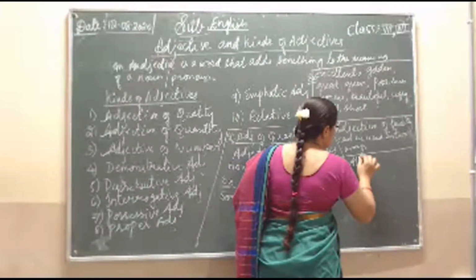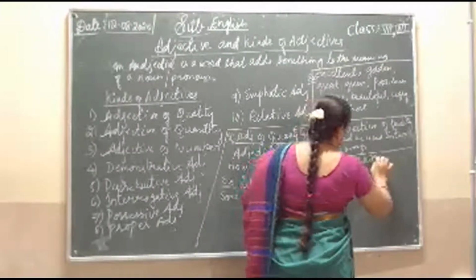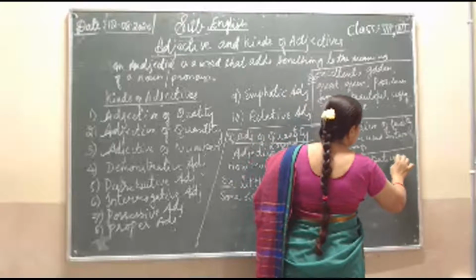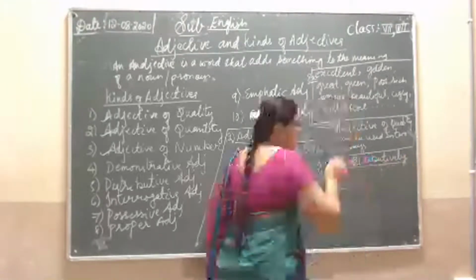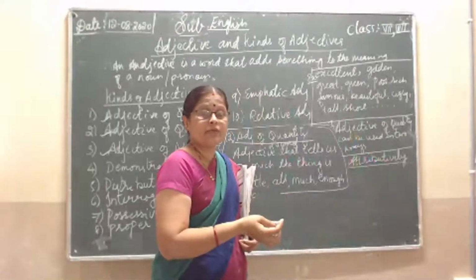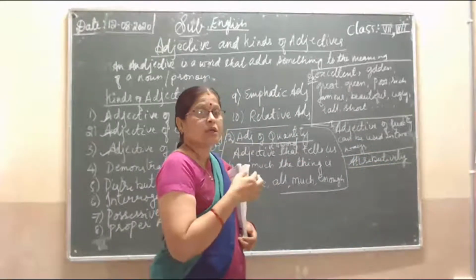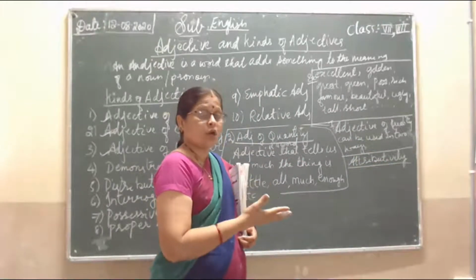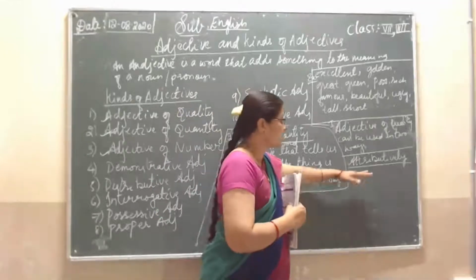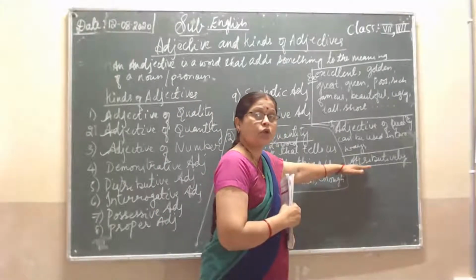The first one is attributively. Here we are qualifying the quality of the noun or the pronoun. It will be giving more information to that noun or pronoun.